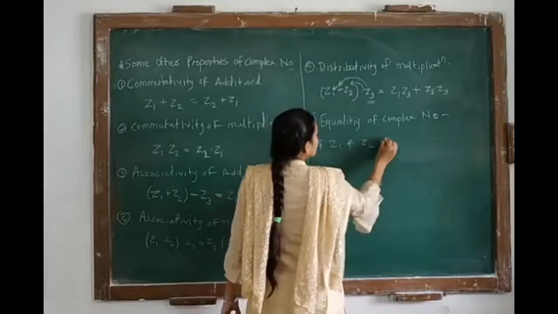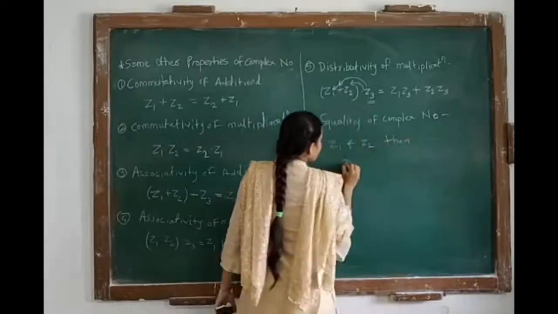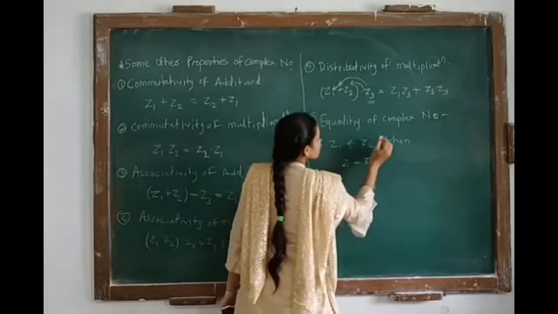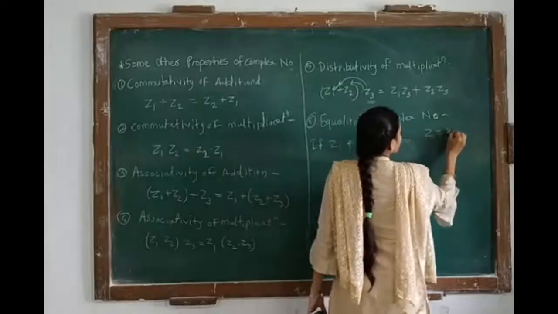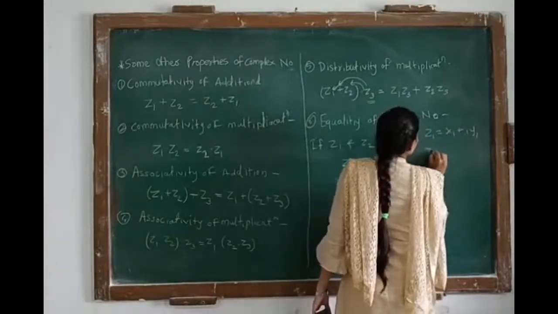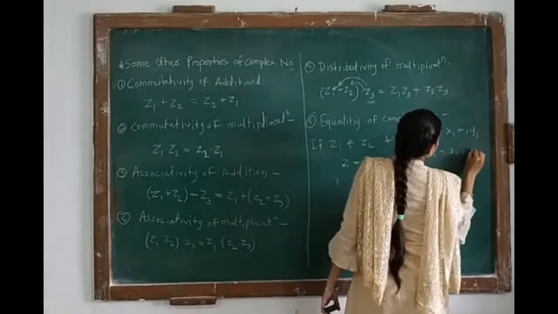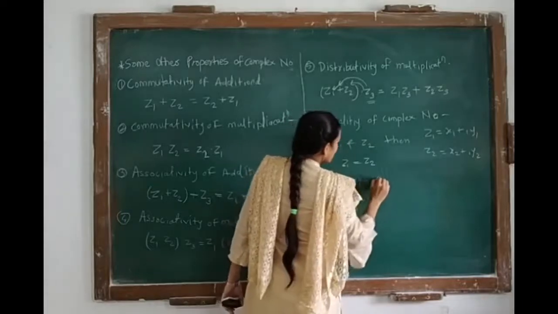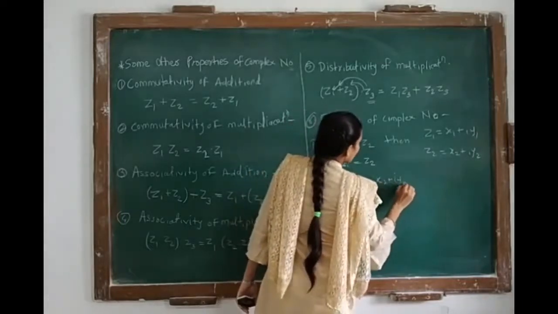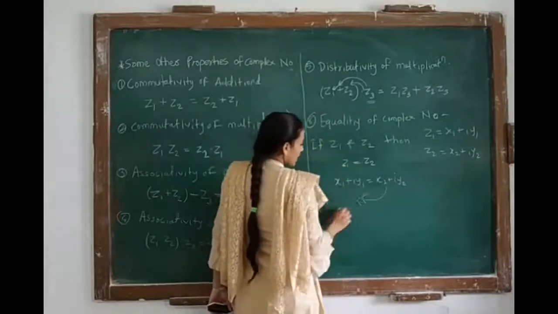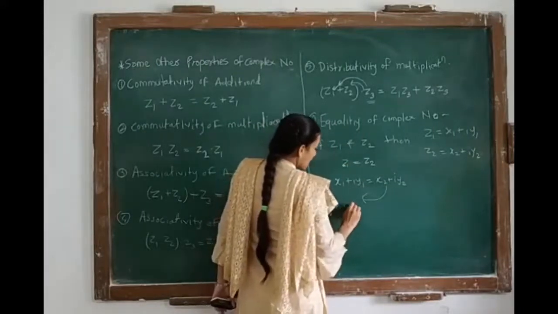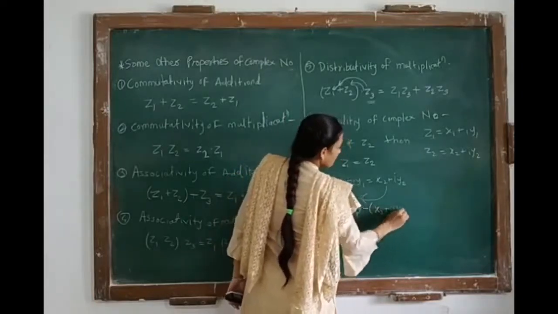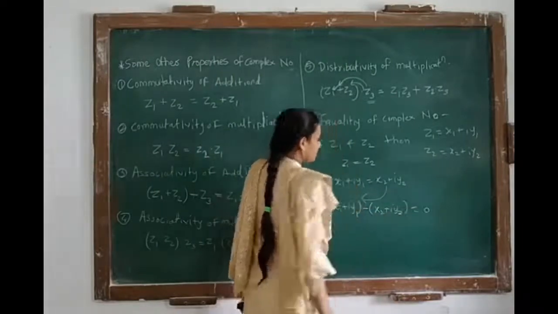Suppose our Z1 is x1 plus i y1 and Z2 is x2 plus i y2. So I can write x1 plus i y1 is equal to x2 plus i y2. Now I can take this on the LHS. So I will get x1 plus i y1 minus (x2 plus i y2) equal to 0.